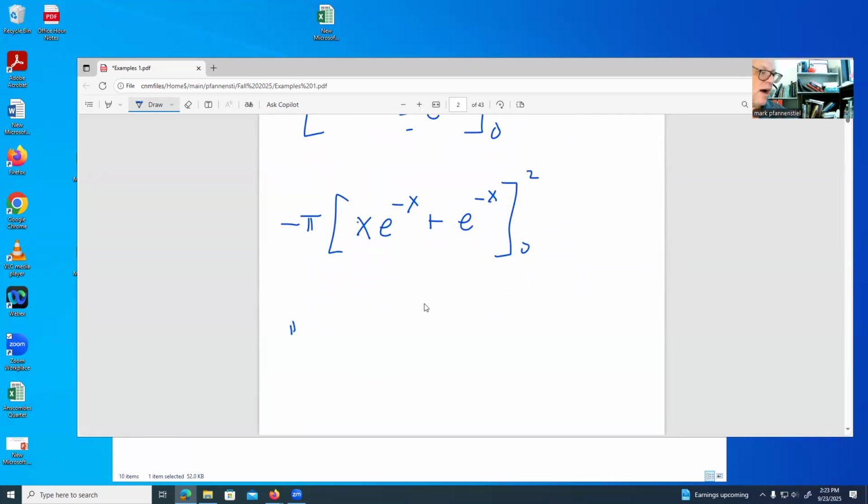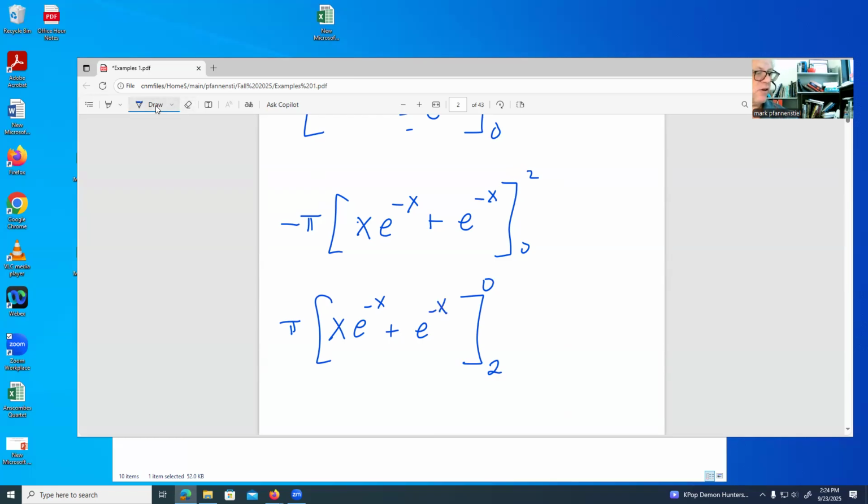Can I say this is pi times x e to the negative x plus e to the negative x? And instead of having the negative sign there, we're going to swap the order of integration. We're going to go from 2 to 0 rather than 0 to 2, and that eats up the negative sign. Now let's make sure that's an x. There you go.